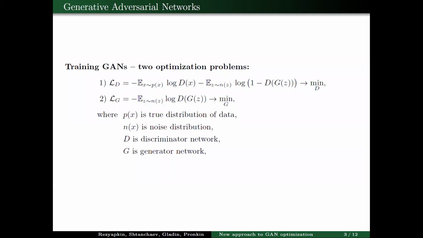Actually, training GANs is a two-sided optimization problem. We have the loss of discriminator network, which consists of two terms, and also we have loss of generator network.